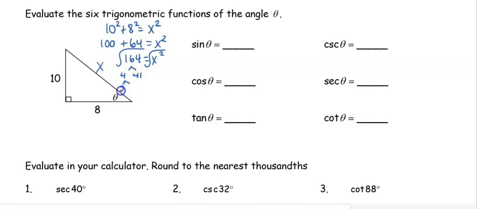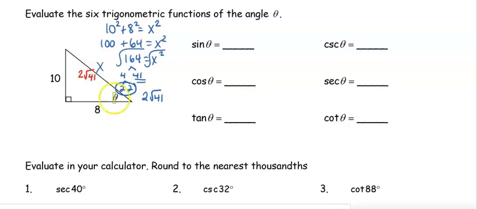I know I can use any 2 factors of 164. I could have done 2 and 82. 41 is a prime. So if we remember, when we break down our factor tree, matched pairs make perfect squares. The leftovers stay inside the radical. So this becomes 2 square root 41. The hypotenuse of that triangle, that missing side, is 2 root 41.